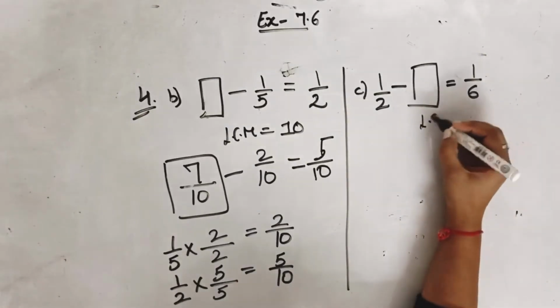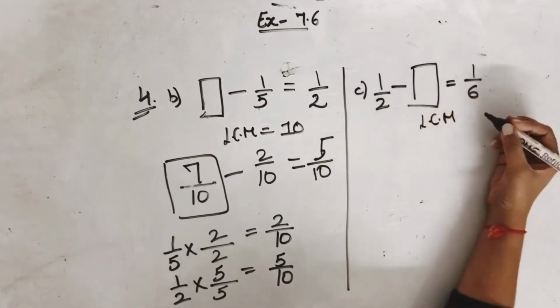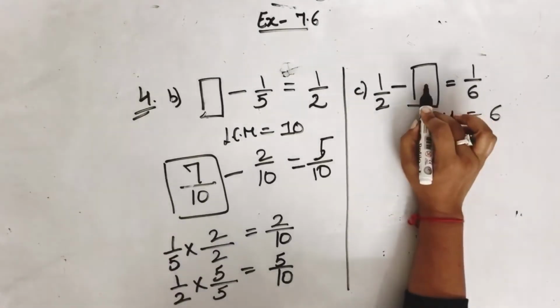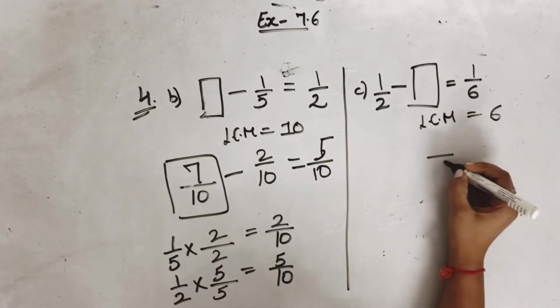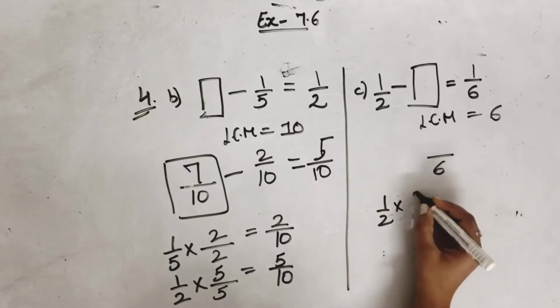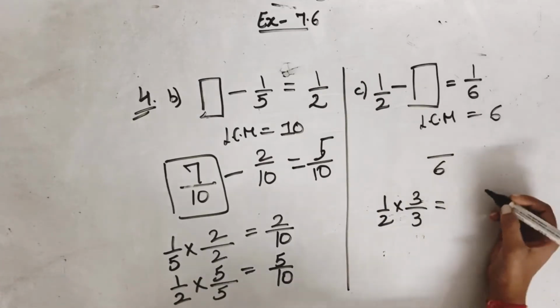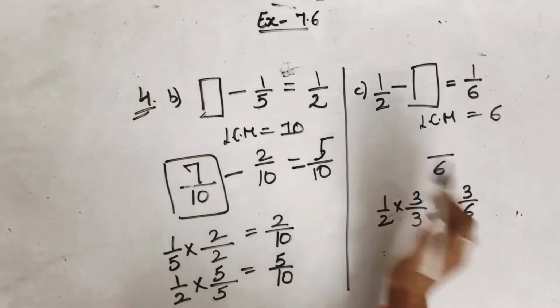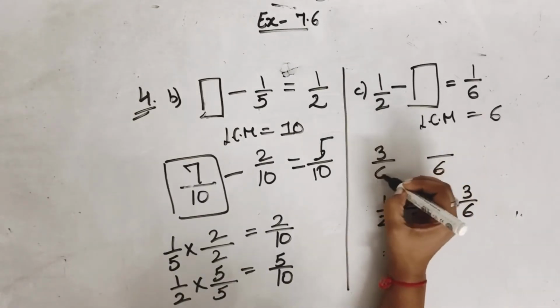In this question, again the LCM of 2 and 6 is 6. So convert all the fractions so that their denominators are 6. Now we have the denominator for this fraction, that is 6. 1 by 2 can be multiplied by 3 by 3 to get 3 by 6. So instead of 1 by 2 I can write 3 by 6.